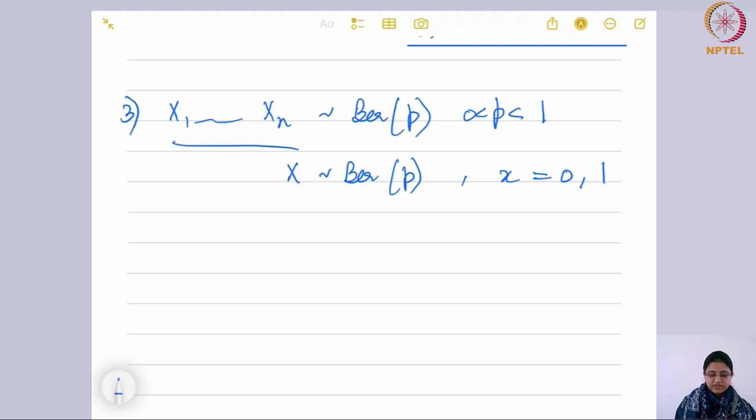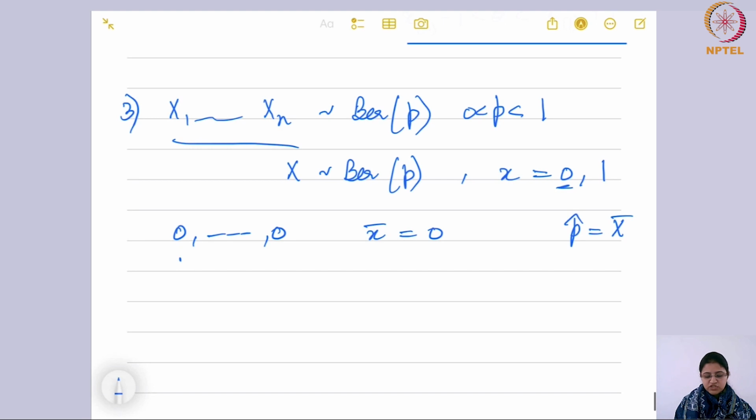Suppose you take a random sample and all the Xi's are failures, all zeros. What will be your MLE? If you recall from the second example, the Bernoulli distribution, we obtained that p hat is nothing but X bar. So in this case the estimate would be 0. And if all the observations are successes, then X bar would be 1.